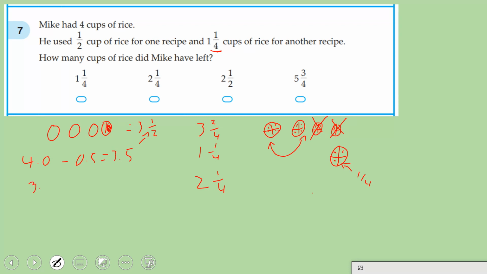So if you do 3.5 minus 1.25, you just put that in your calculator, you'll get 2.25, which, as we just saw, .25 represents a quarter. So this means it's 2 1/4.